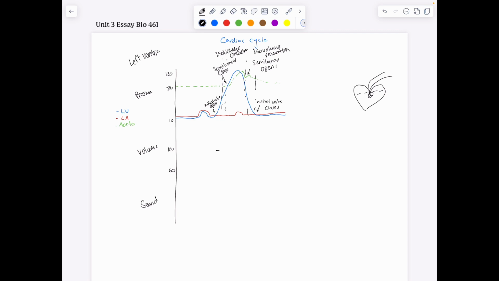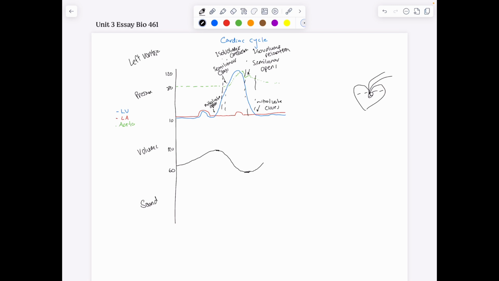So I'm just going to draw a little, and it kind of plateaus. And then for relaxation, it plateaus at where it has the least amount of volume at 60. So then we could just connect the dots here. So it goes, and then it'll drop down to 60, and then go back up and start over the cycle again.